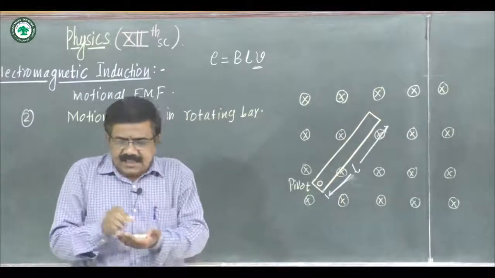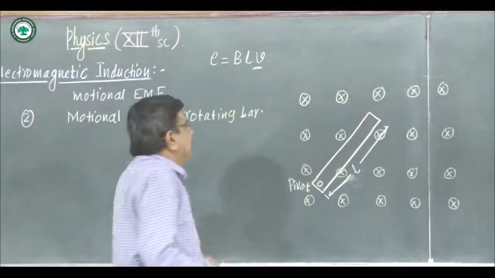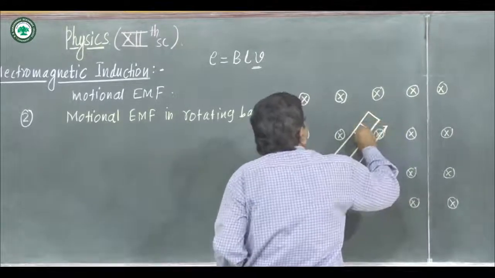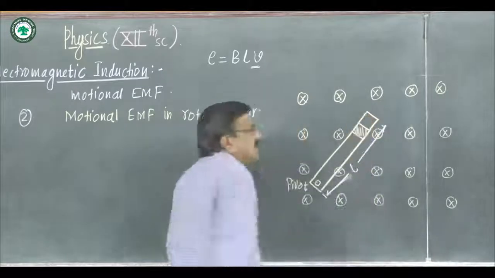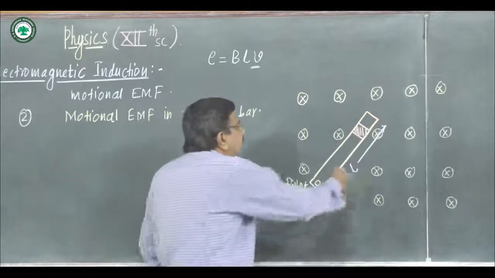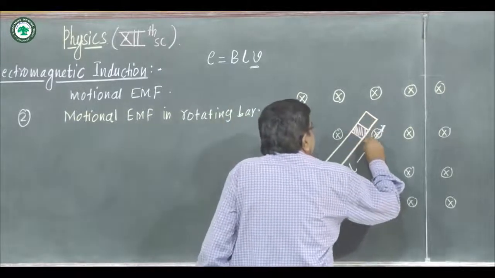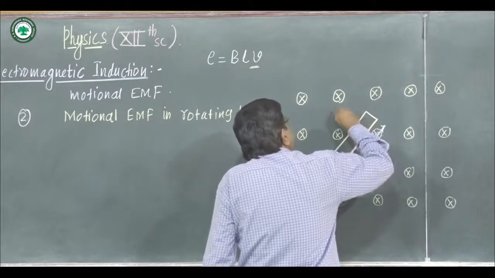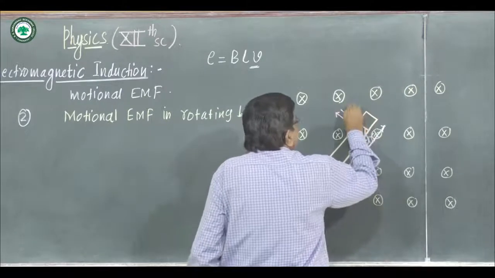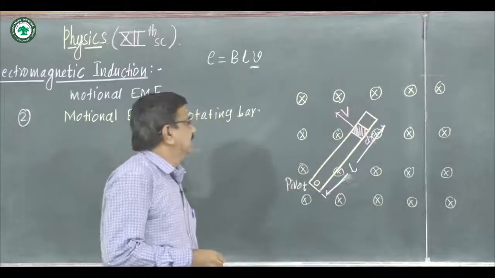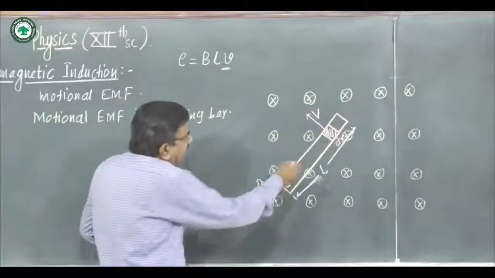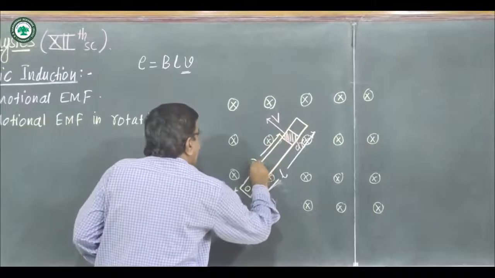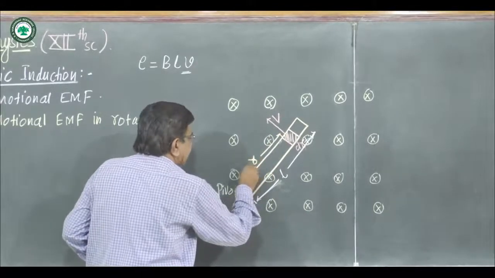We consider a small element of this bar as dr. Suppose this is the small element of the bar. The length of this small element is dr. Suppose this element moves with a velocity v in a magnetic field, and this dr is at a distance r from the pivot, or from the fixed point.